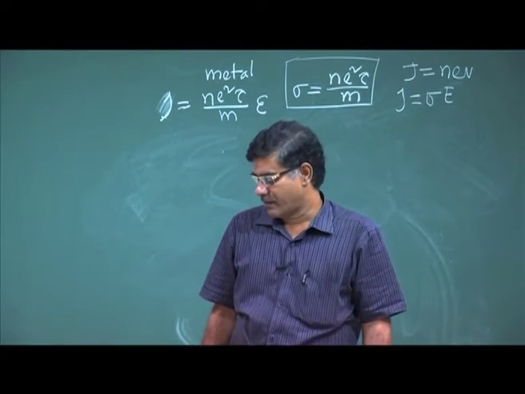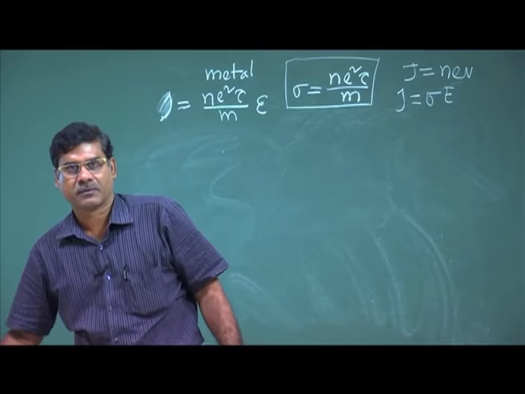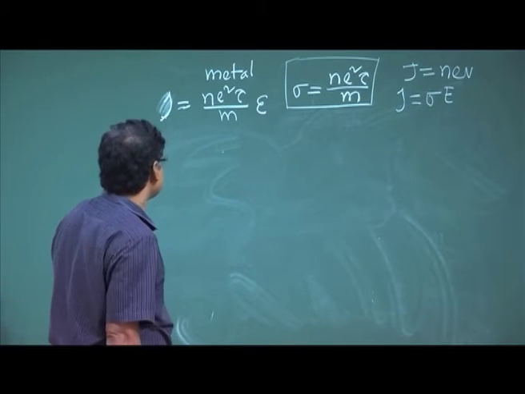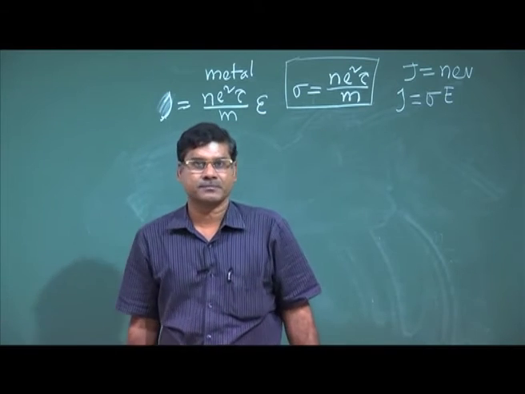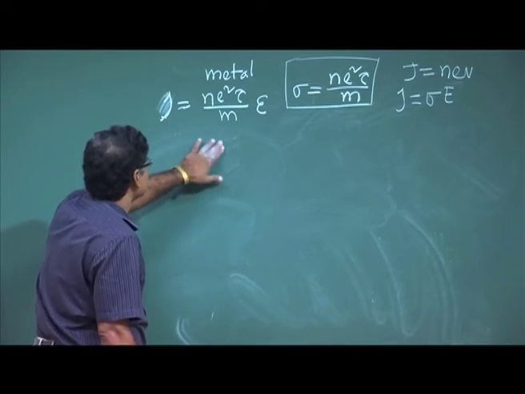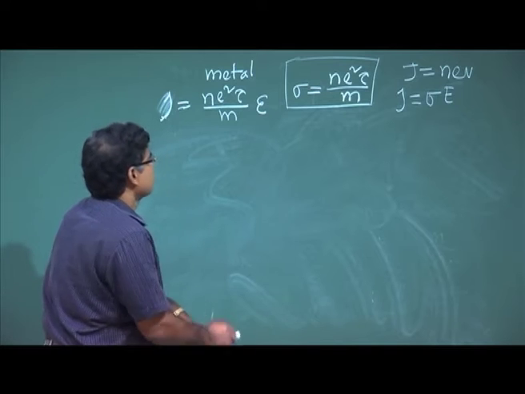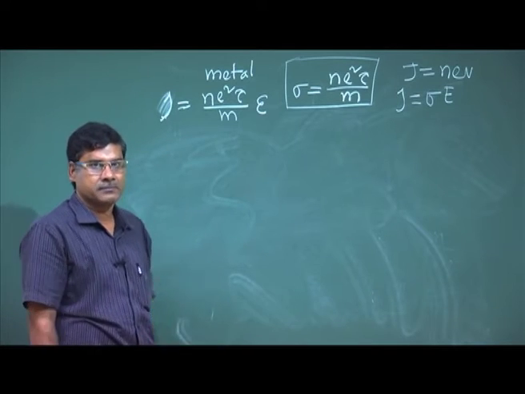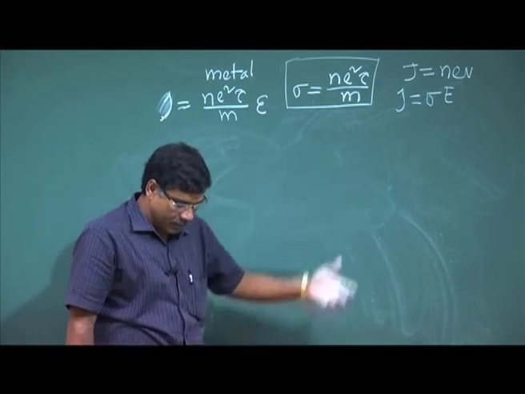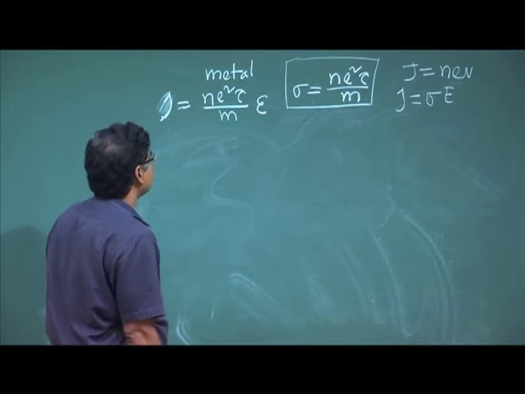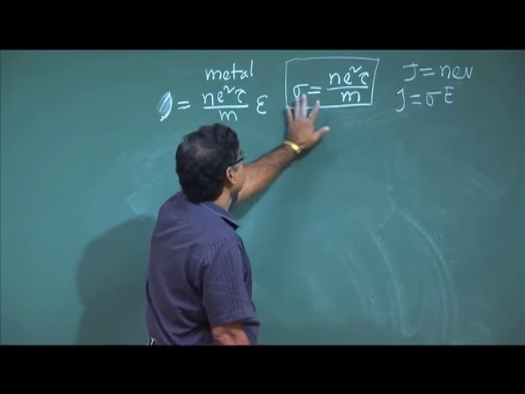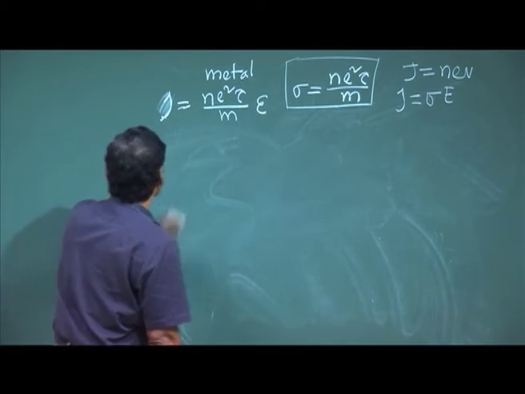So, we will continue our discussion about the conduction of carriers in metal and semiconductor. If we apply an electric field on a sample, whether it is metal or semiconductor, there will be a current density.